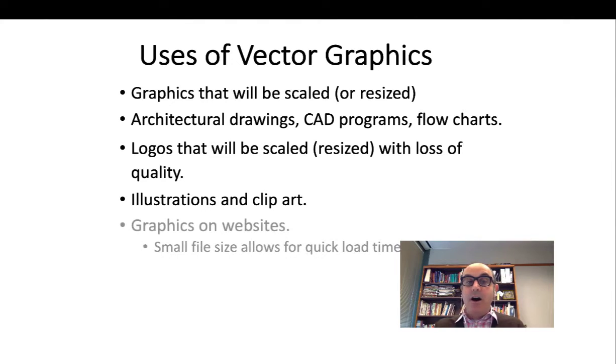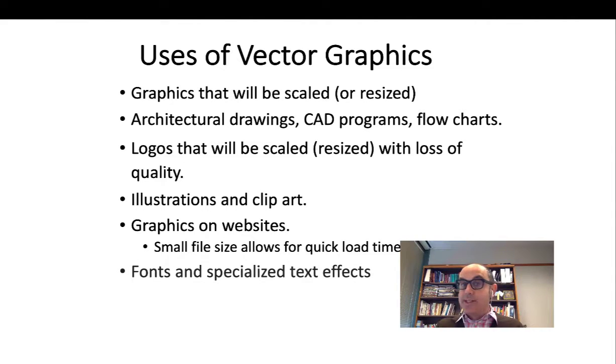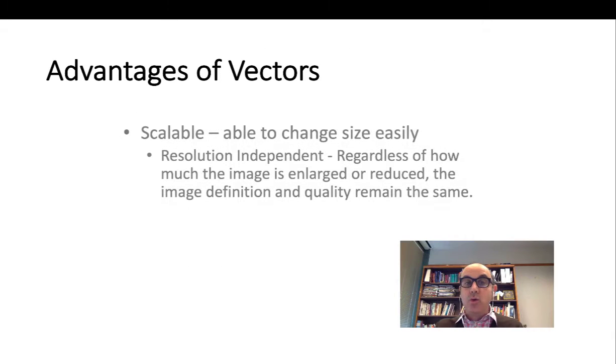Illustration and clip art are often used, but nowadays we can also see graphics on websites from small size files that allow a quick load time. A lot of formats or fonts use vector to do that.